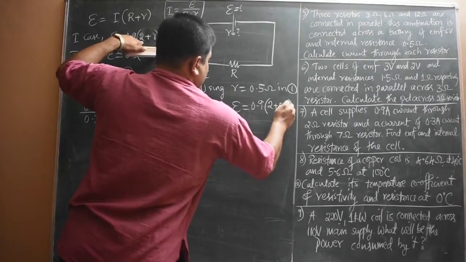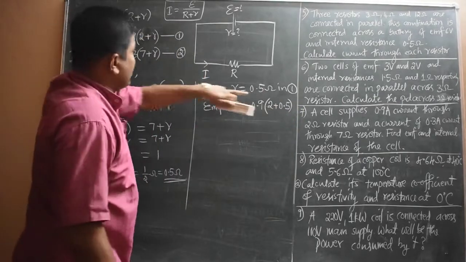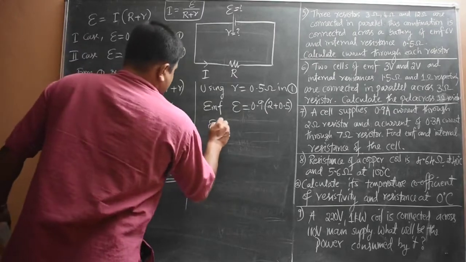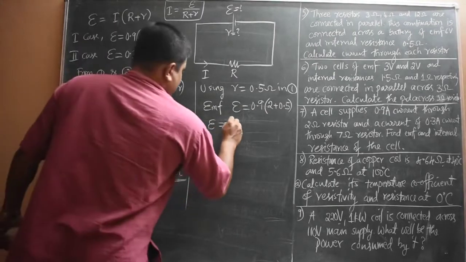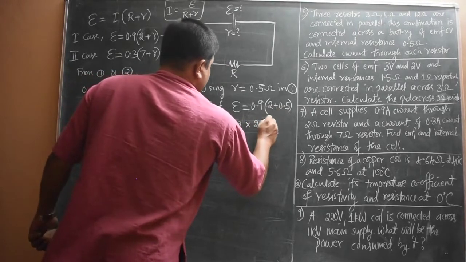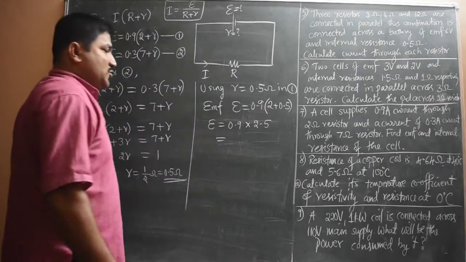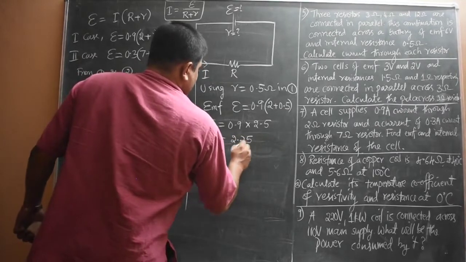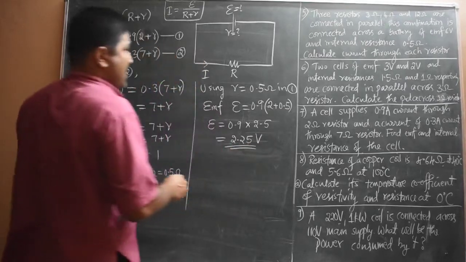That satisfies both the equations actually. The R value 0.5 ohm satisfies the first equation and the second equation, hence the EMF also. So EMF epsilon equal to 0.9 into (2 plus 0.5, which is 2.5). So 25 into 9 is 225. So this product is 2.25 volt. So this is the EMF of the cell.